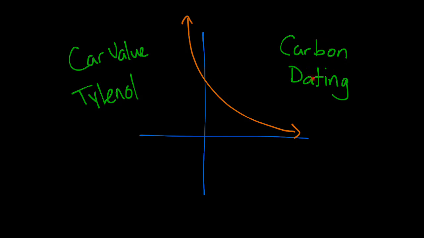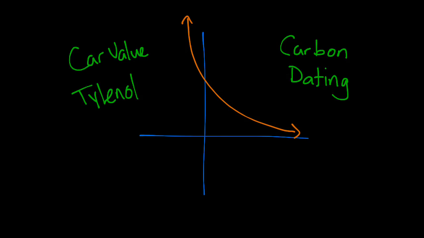Another example, maybe you've talked about carbon dating in one of your science classes. Carbon dating, the way that works is they look for, I think, radioactive carbon isotopes in certain elements or things like that, or in a fossil. The way that radioactive element decays, you might have heard the phrase a half-life.